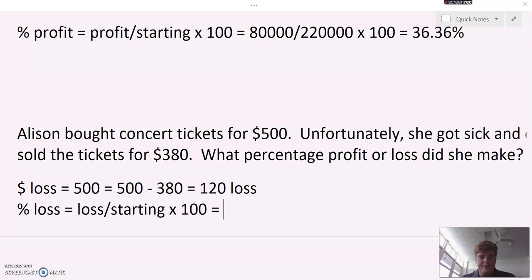So putting our numbers in, the loss is 120, the starting amount is 500, multiplied by 100 equals 24. So she's lost 24%, around about a quarter of what she spent. And when you think about that, 120 is about a quarter of 500. So it's exactly a quarter of 480, so 24% makes a lot of sense.